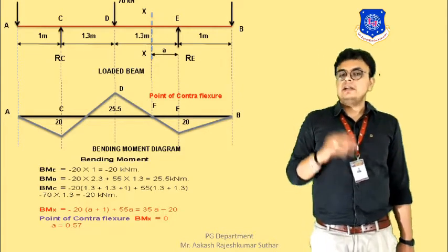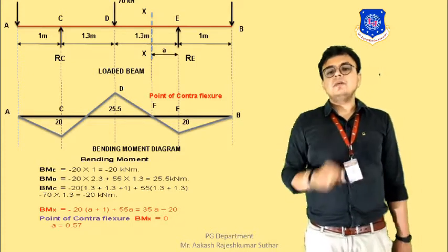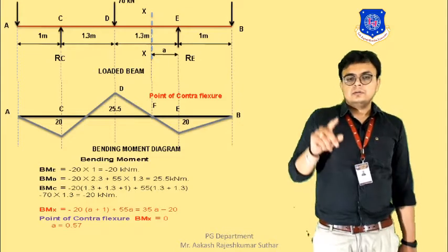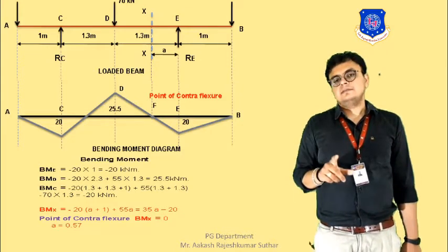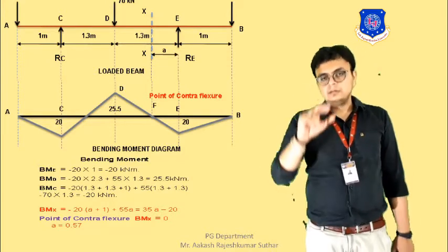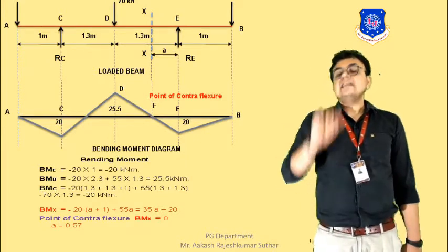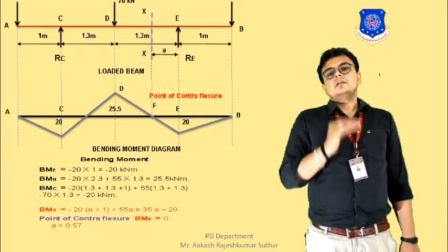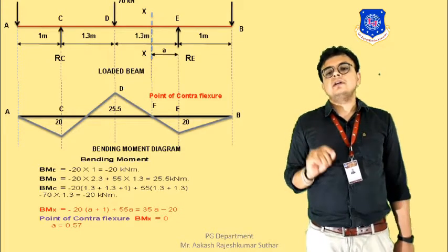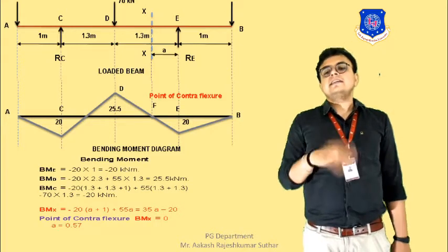That can be done only by taking the moment. So, taking the moment at x, that will be equal to minus 20 into (a plus 1), because 20 is creating a negative sign, as its direction is clockwise, plus 55 into a, because it is creating anti-clockwise moment from the right hand side.